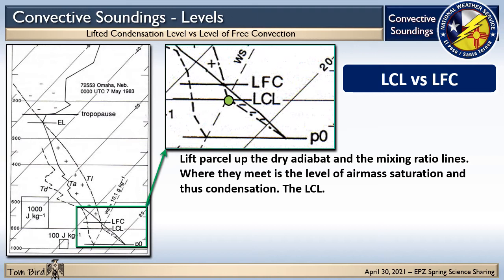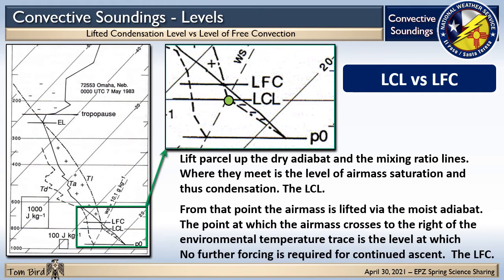And that's the LCL. Then if you want to find the level of free convection, you have to find the level at which the parcel will want to lift freely through the atmosphere. That's the point where the temperature of the parcel is equal to or slightly warmer than the environment. So you take that parcel that you lifted to the LCL and lift it until it crosses the environmental temperature trace, which is done right there.